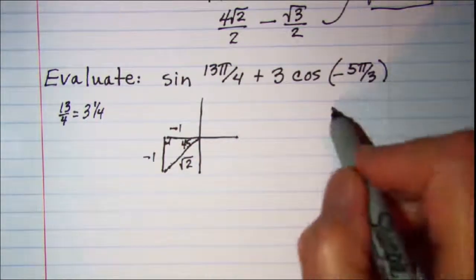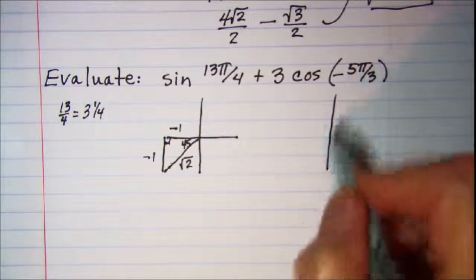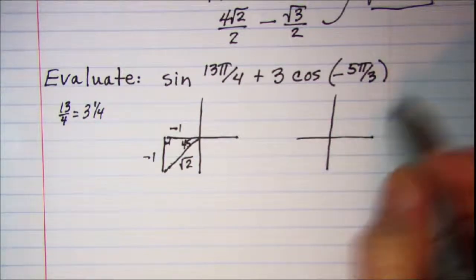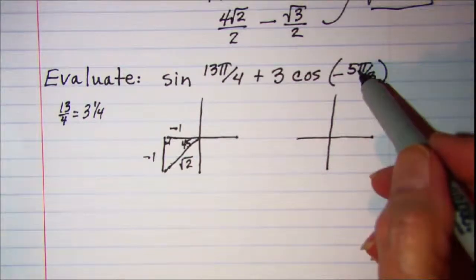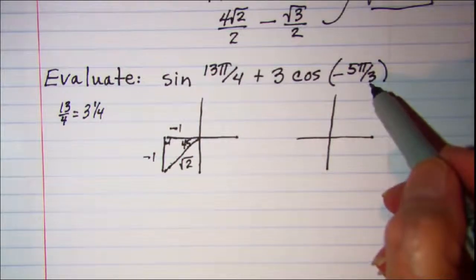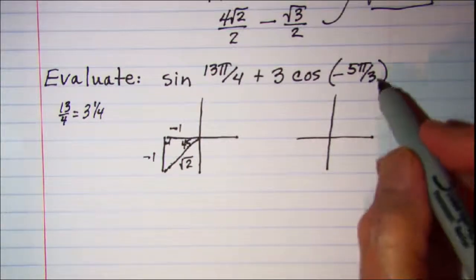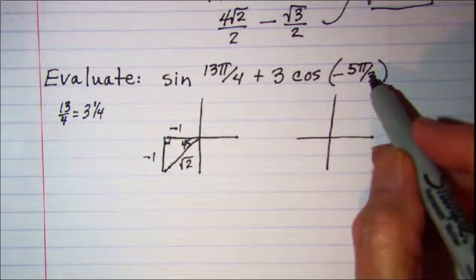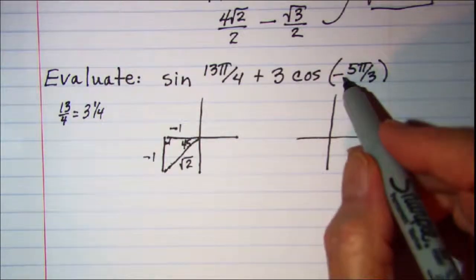Let's draw our reference triangle for this one. 6 pi over 3 is 2 pi. So I know that this one is 1/3 short of a complete revolution, and it's a negative angle.